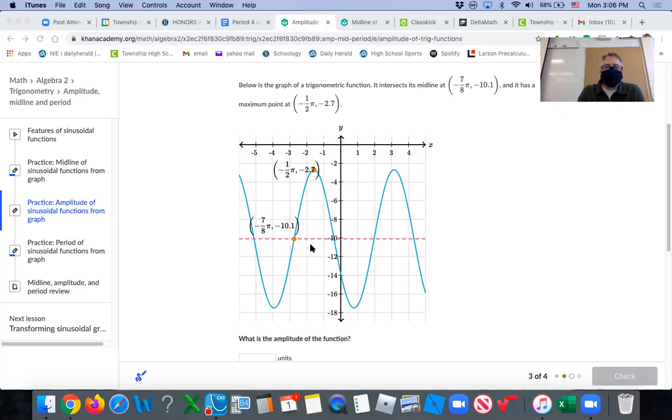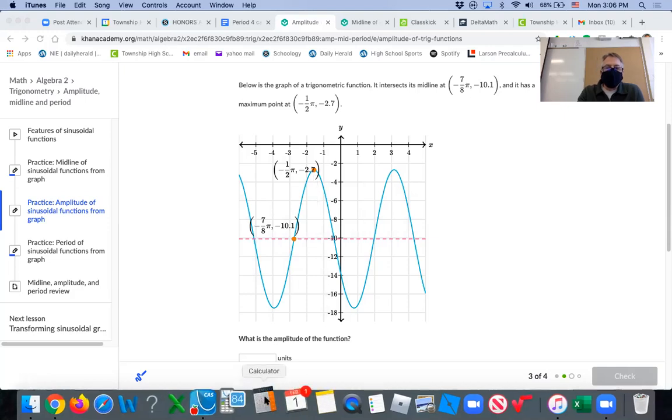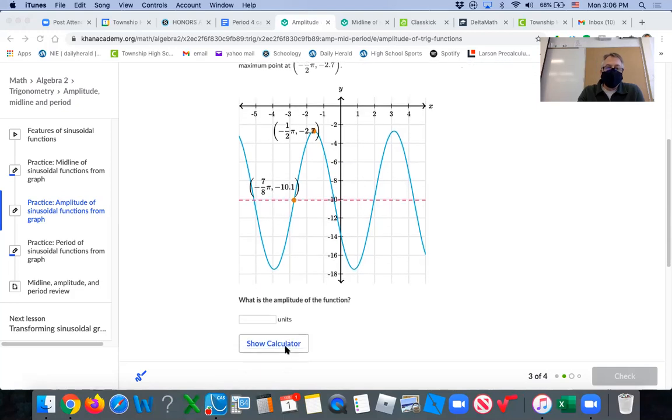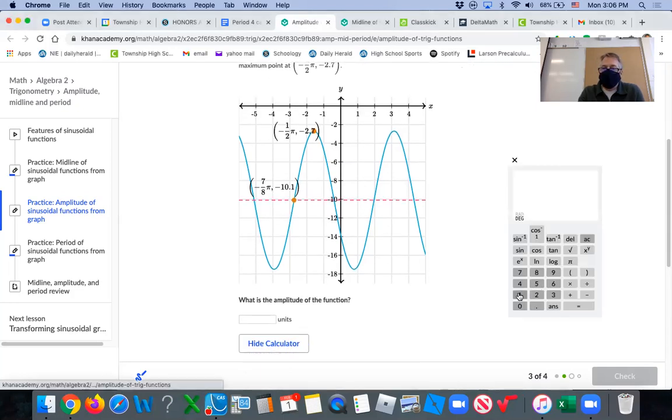Well, what's the distance from negative 10.1 to negative 2.7? I could just do 10.1 minus 2.7, and that is my distance away, 7.4. That is my amplitude of that function.